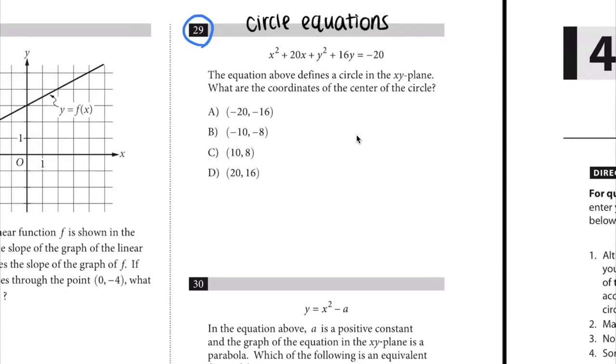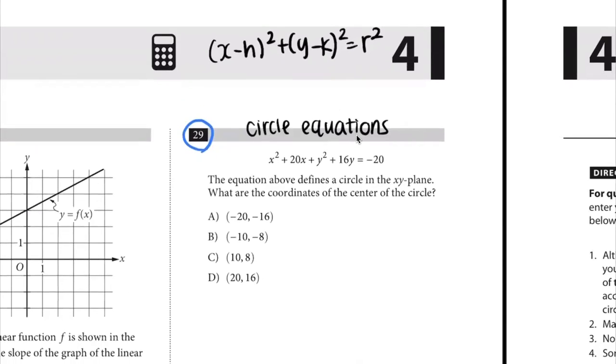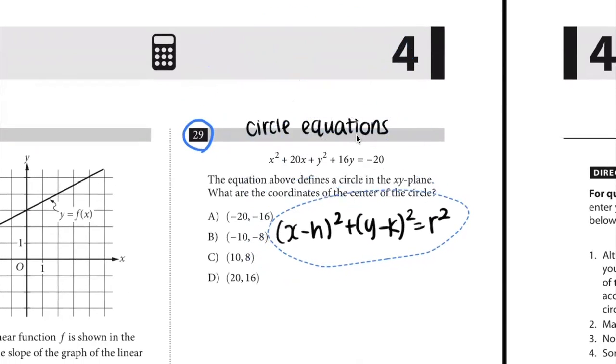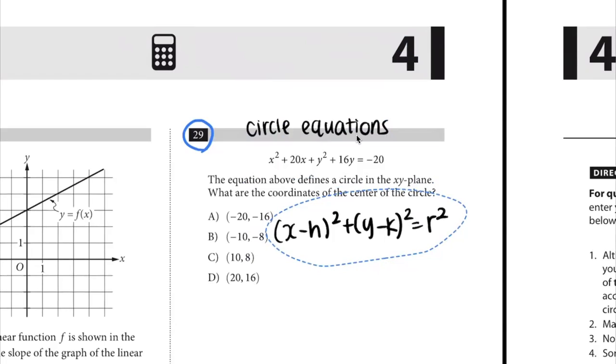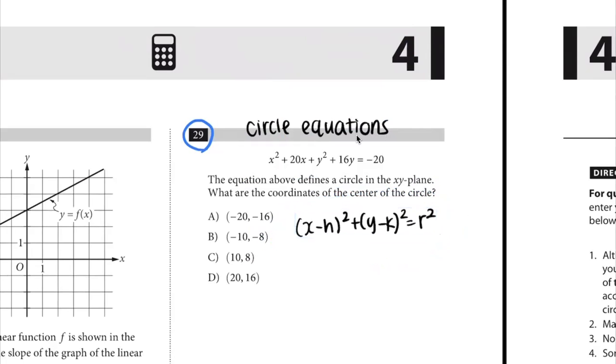Right now we're given an equation. This doesn't show the center of the circle, because usually you'll need to see something like this. This is the circle equation. Whatever equation you're given, it needs to follow this format in order for you to know where the center of the circle is.